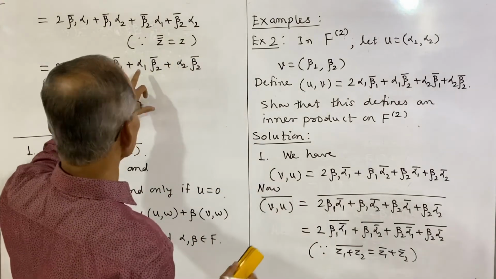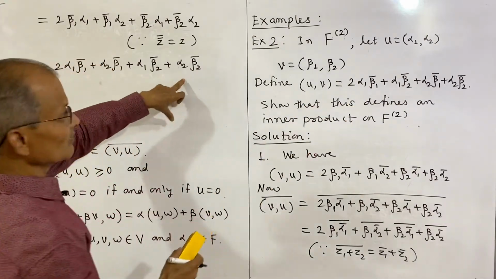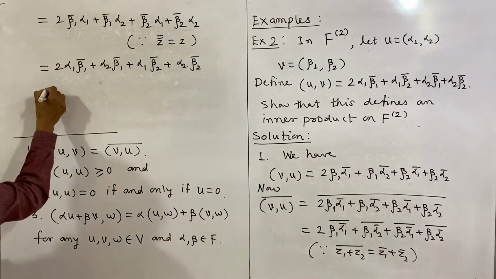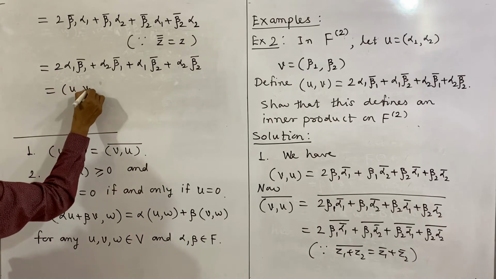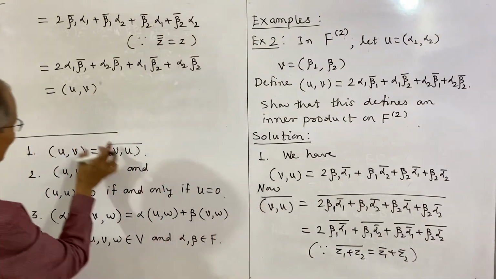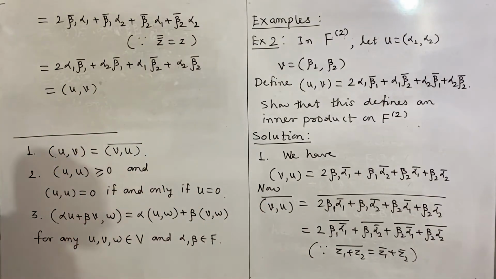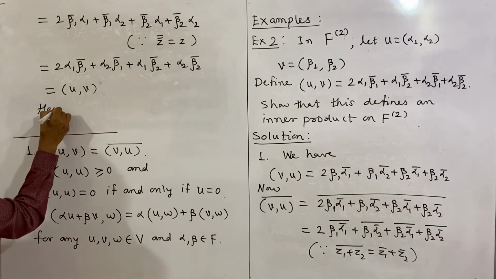See, this is exactly the same as inner product of u and v. So we have started with this and we have obtained this, hence the first property is verified, hence property 1.